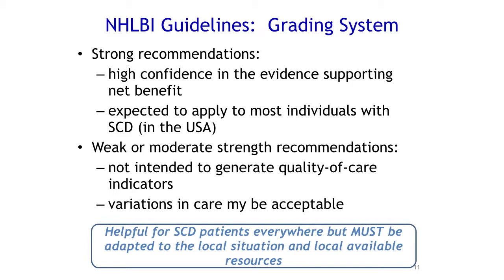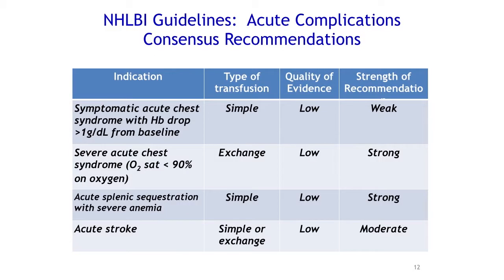So going to some of the indications that are highlighted in these guides, I will start with the strong ones. If you have severe acute chest syndrome, which is common in patients with sickle cell anemia, and the qualification is that there's low oxygen saturation of less than 90.